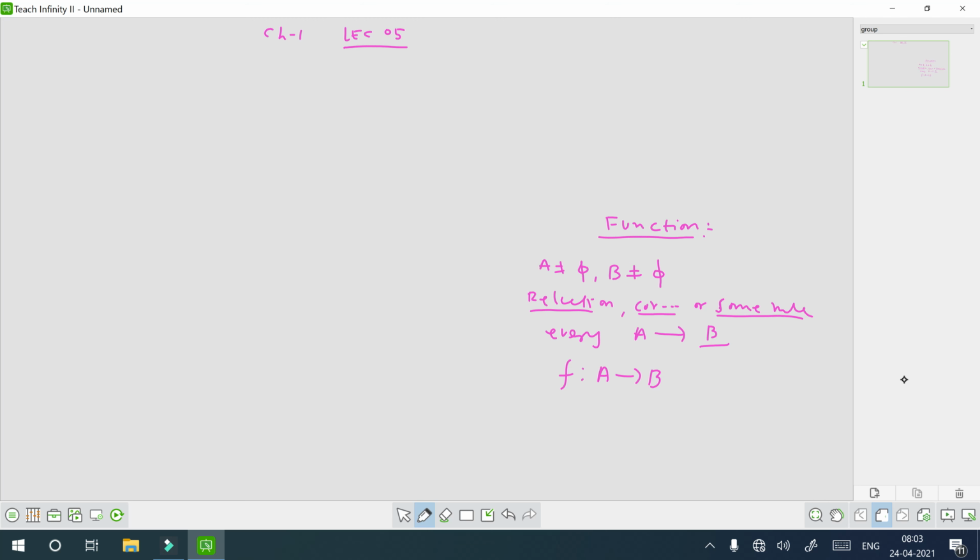It is denoted by f from A to B. A is called the domain and B is called the codomain. Here our aim is to discuss types of functions. First of all, let us note that if f from A to B is a function, then A is known as the domain, B is known as the codomain.